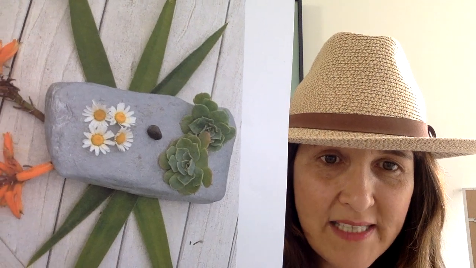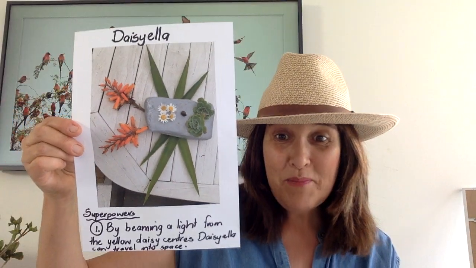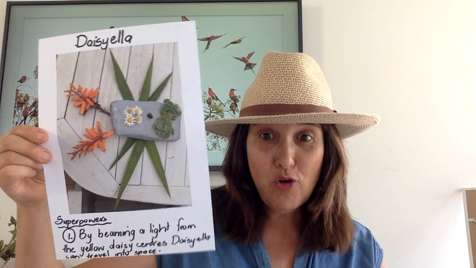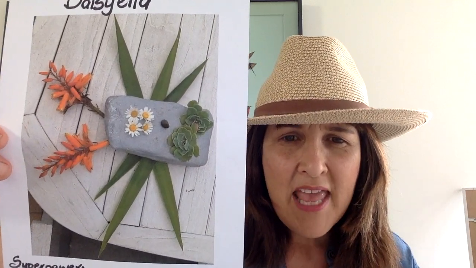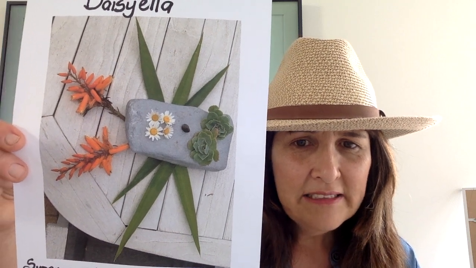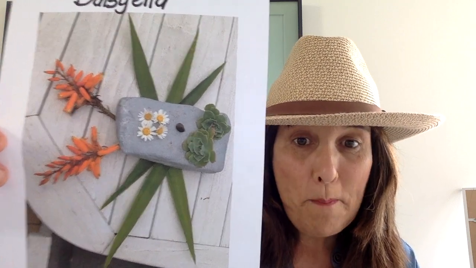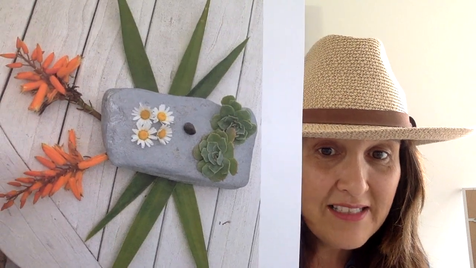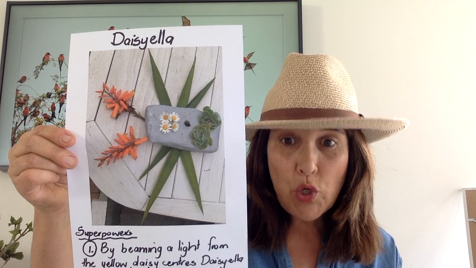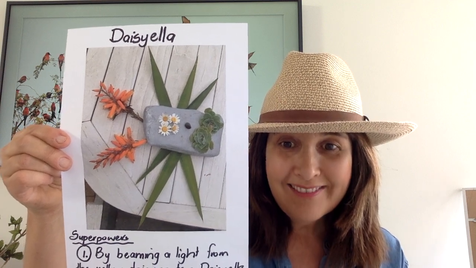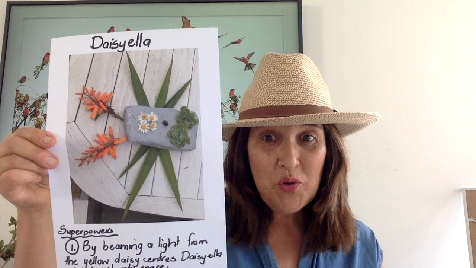So she beams a magic light from the yellow centres of those flowers, and she can beam herself straight up like a rocket into space. And then I might say, if Daisiella rubs her black dot, can you see the little stone there, on a rock wall, she turns invisible. That's another superpower. I wonder what you're going to say that your creature can do that is really weird and creative.